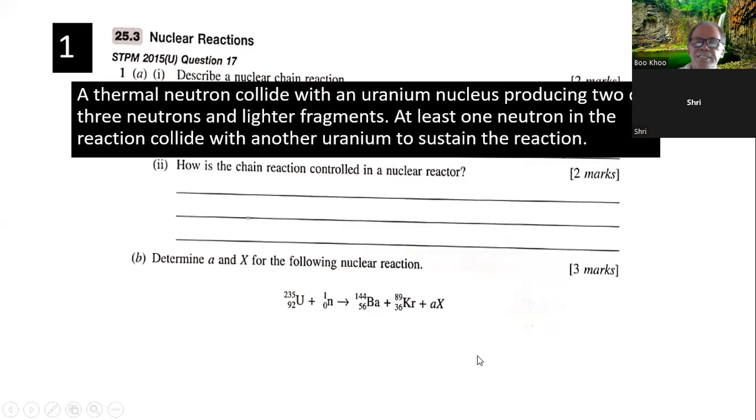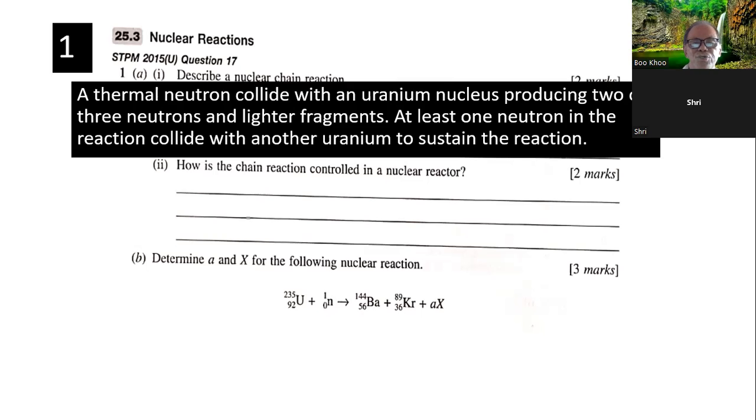The reaction will cause lighter fragments and probably 2 or 3 neutrons. At least one of these 2 or 3 neutrons must interact with another uranium nucleus to keep the chain reaction going on.